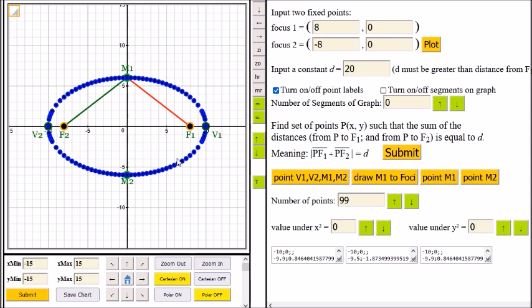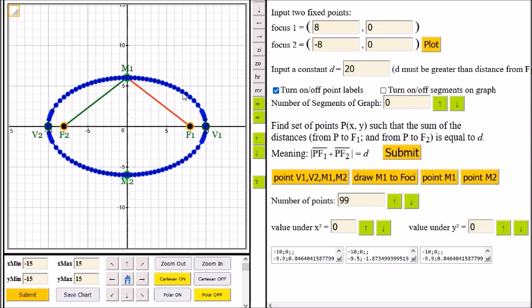So once again, for all of these points, the sum of the distances from the point to F2 plus the distance from the point to F1 is equal to 20.